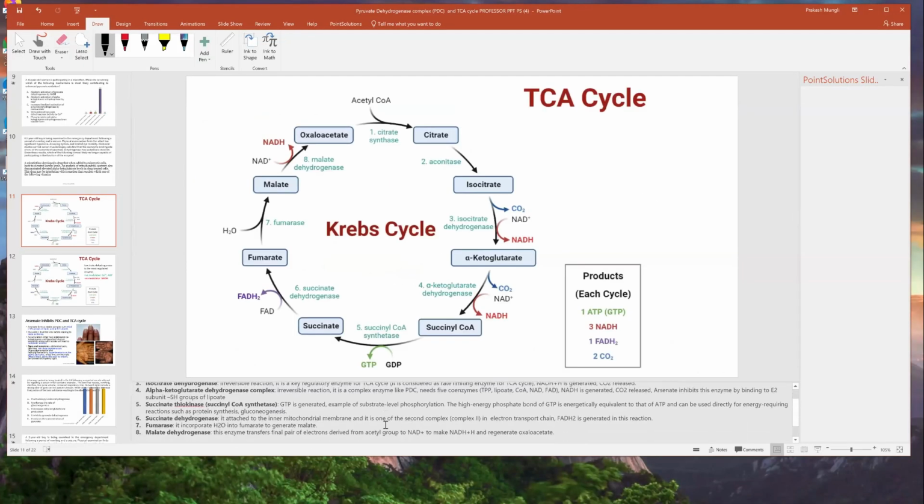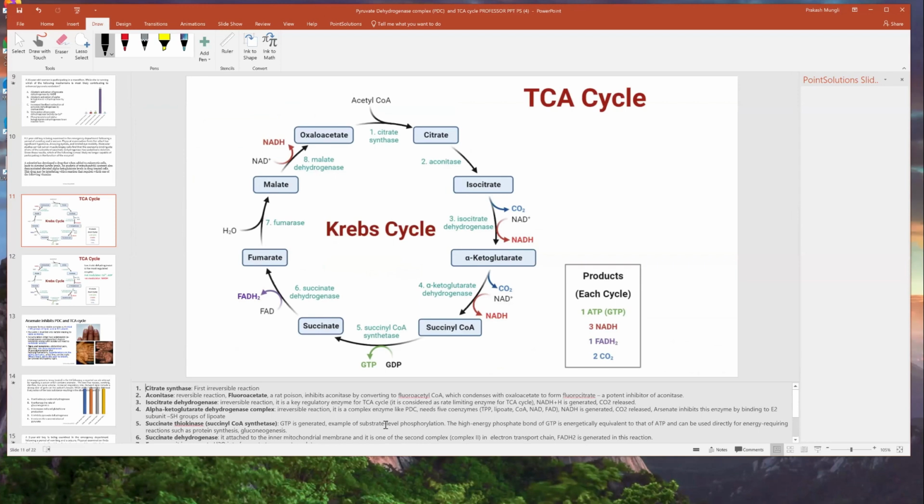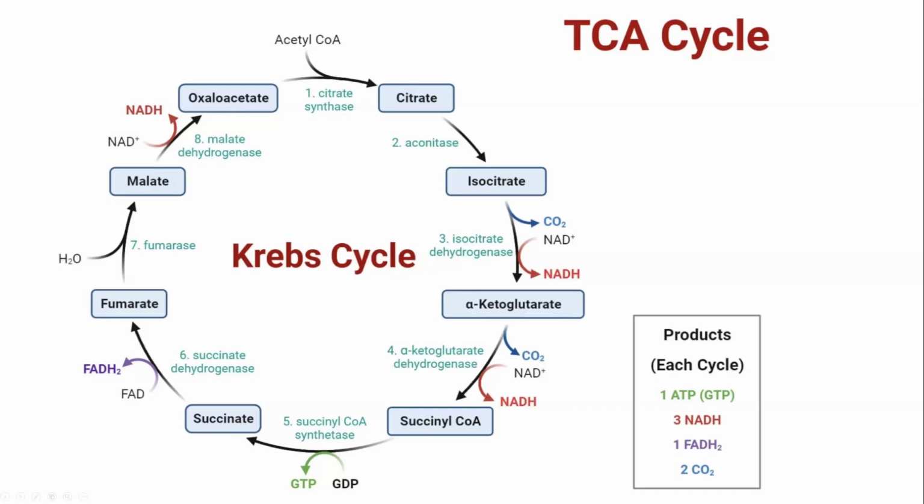So look at this. These are enzymes with what is the importance of each of these, but I will highlight the important ones. So the important ones are aconitase, isocitrate dehydrogenase, alpha ketoglutarate dehydrogenase complex, succinyl-CoA synthetase, which is also called as succinate thiokinase.